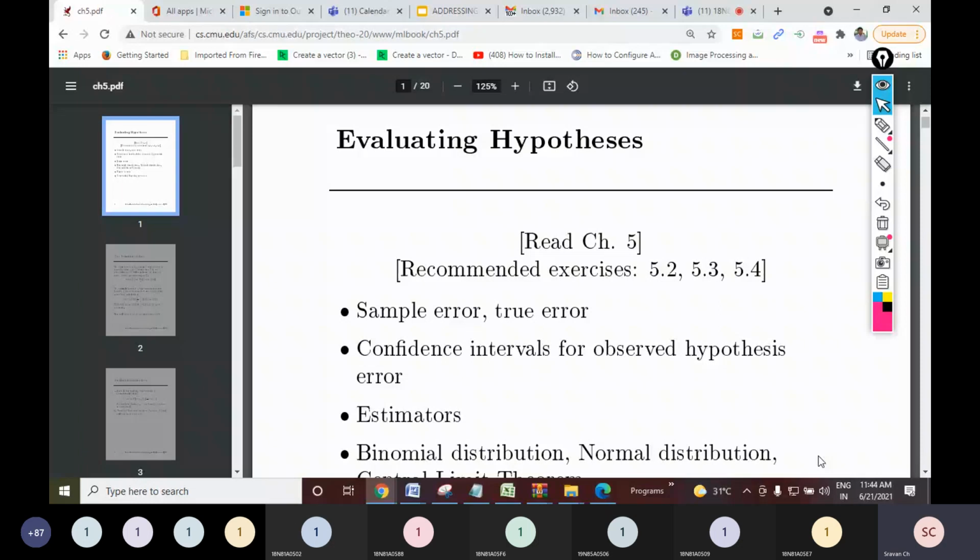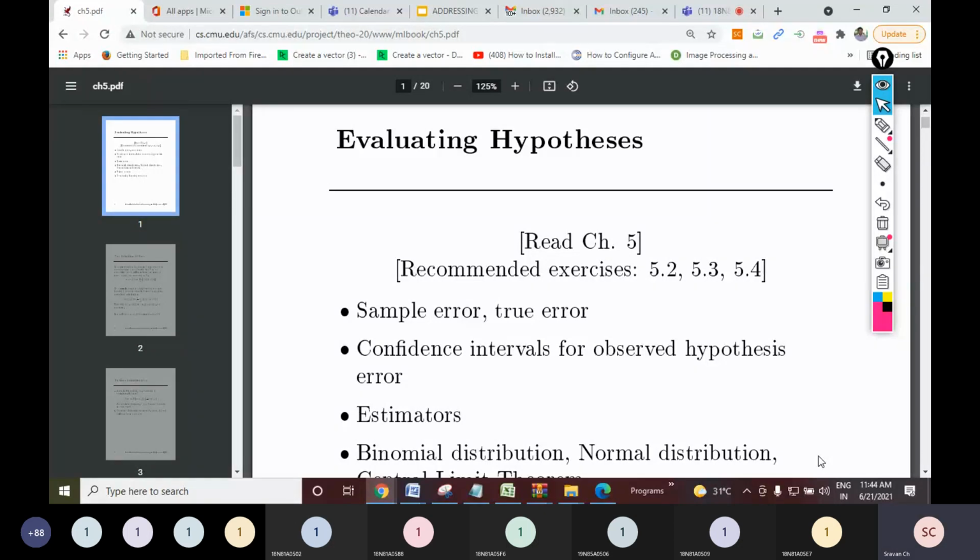Now we know what a hypothesis is, and we are trying to evaluate a hypothesis. There is a possibility of getting multiple hypotheses for the same problem. Suppose for a problem I have got two hypotheses, H1 and H2.